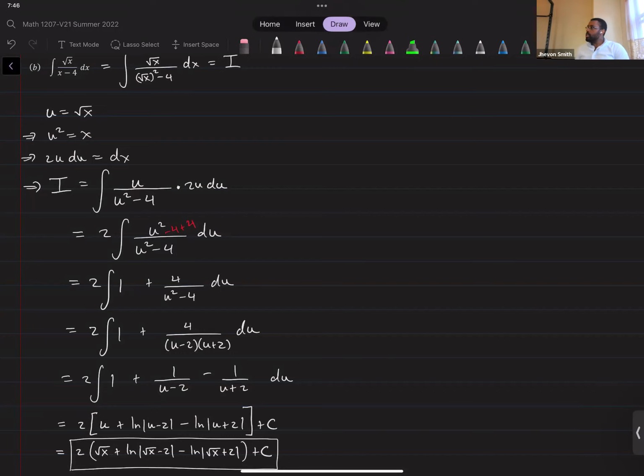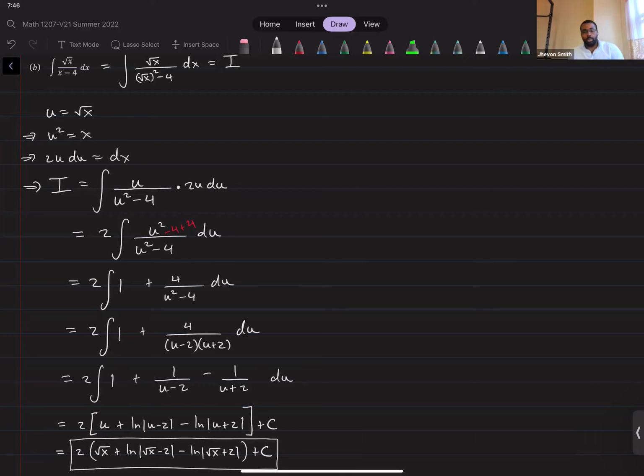So for this integral, we needed both substitution and partial fraction decomp. I did a substitution because it would be the third thing I would think of, and I would definitely want to make this look nicer. So I'd want to get rid of that radical x. And when you see a radical x and a bunch of other x's that aren't radicalized, you might want to do a substitution, because you can always write those other x's as some power of the radical x, right?